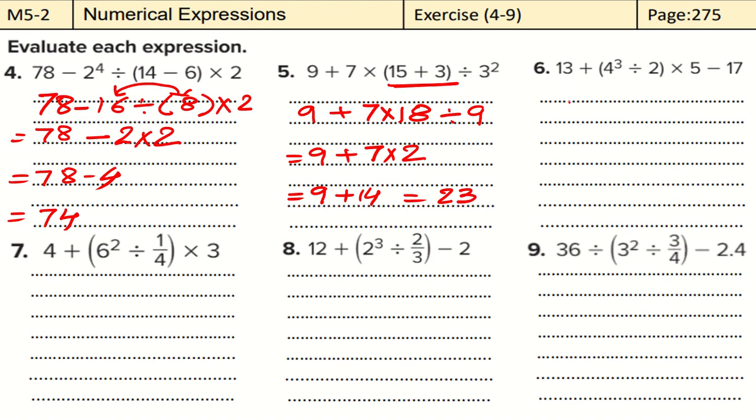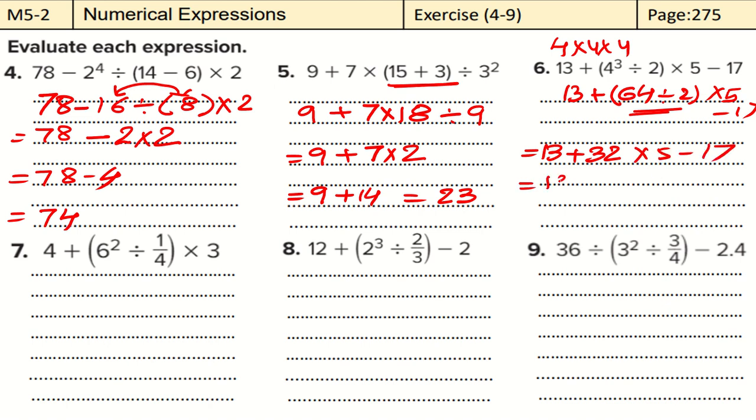Now for this, it is 13 plus 4 to the power 3, which means 64. Why? Because 4 to the power 3 means 4 multiply 4 multiply 4, divided by 2, times 5 minus 17. So it is 13 plus 64 divided by 2, which is 32, multiply 5 minus 17.